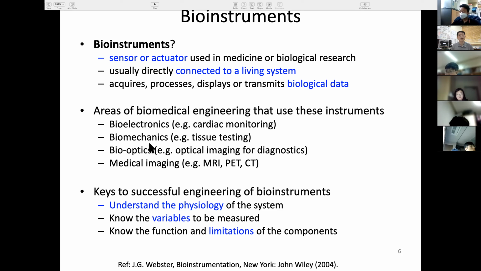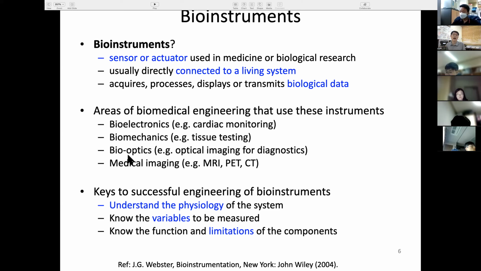And what about biomechanics? It's mechanical engineering, but it deals with biological systems, such as tissue testing or making artificial hips and joints. Another example is bio-optics.